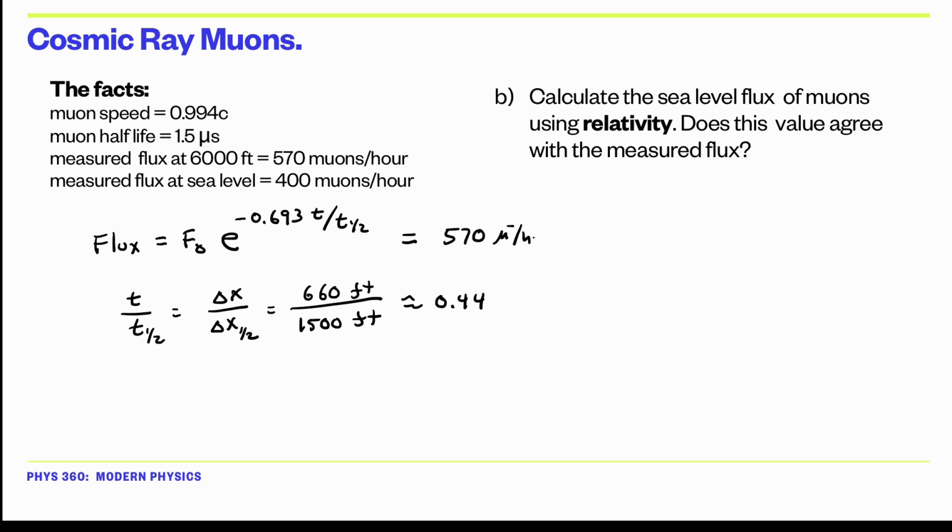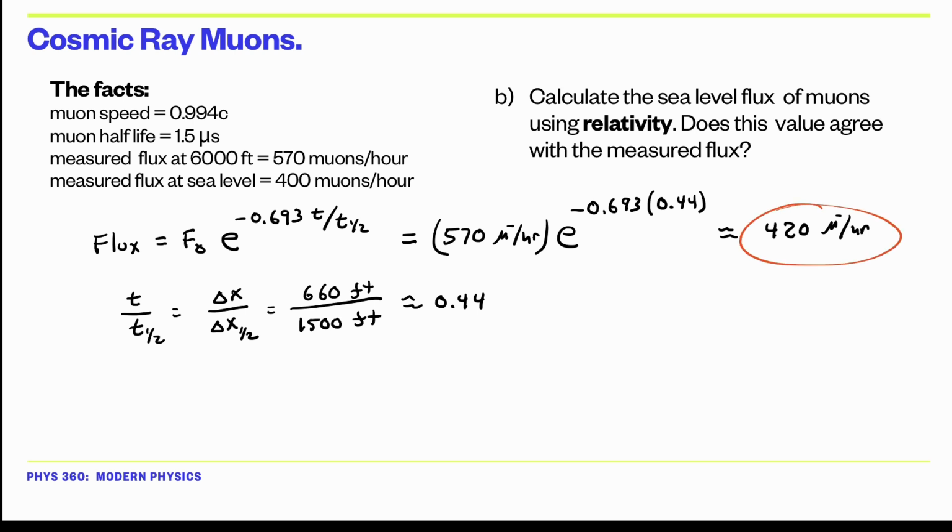The initial flux is 570 muons per hour, and we find that the flux at sea level in the muon rest frame should be about 420 muons per hour, which is very close to what was measured at MIT.